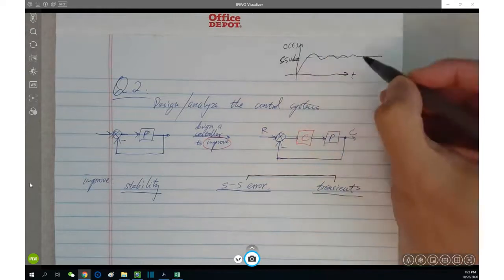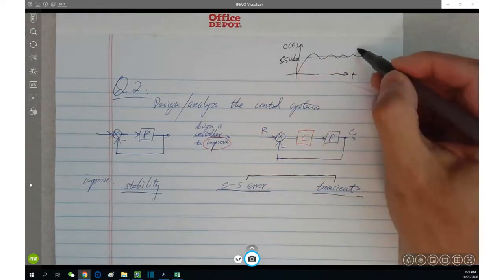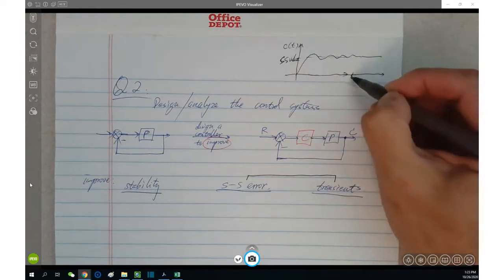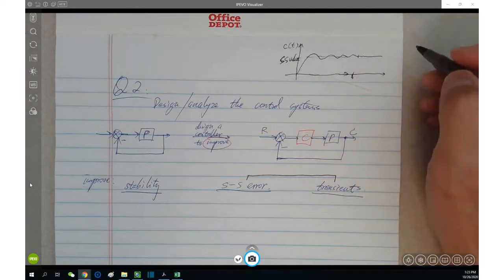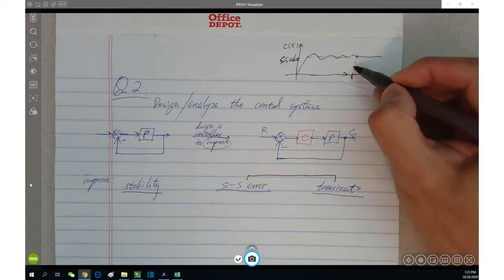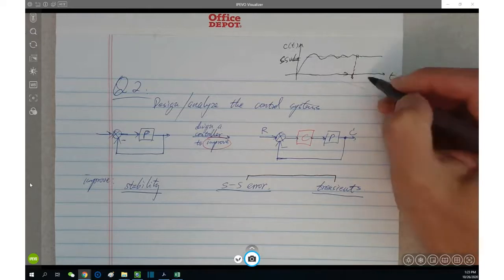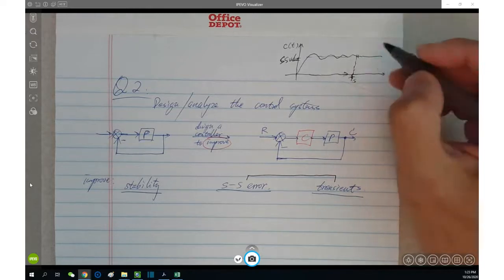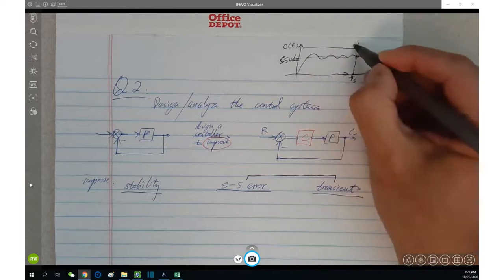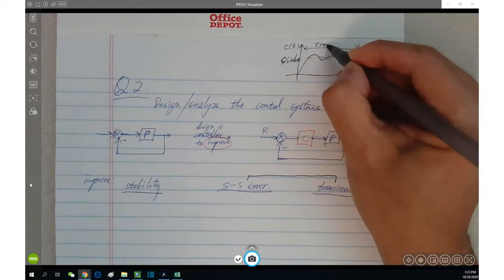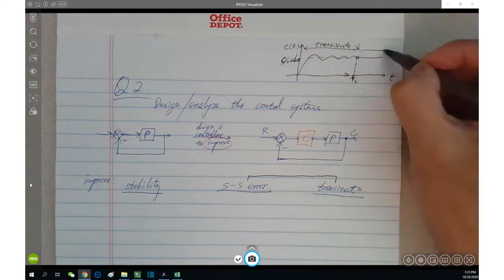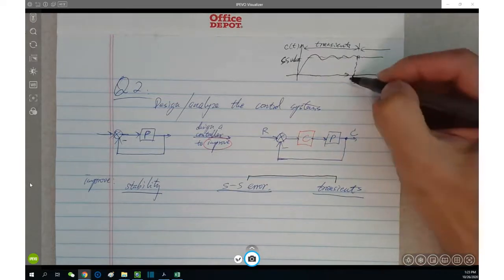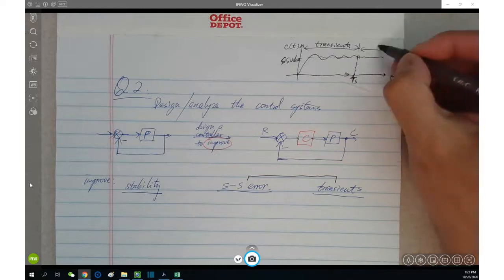Before reaching the steady state value, say this is the settling time. Before the settling time, we call it transient, right? From the settling time on, we call it steady state.